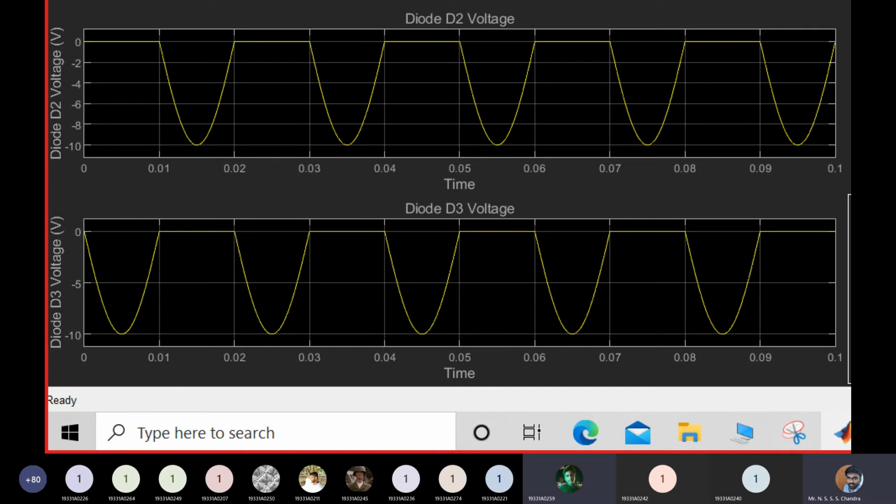Sinusoid. So is it a positive sinusoid or a negative sinusoid? Negative. It means that for the positive half cycle of the input, diode D3 is in off condition, or reverse bias condition. Again, the peak inverse voltage value is minus 10 volts, equal to the supply voltage.